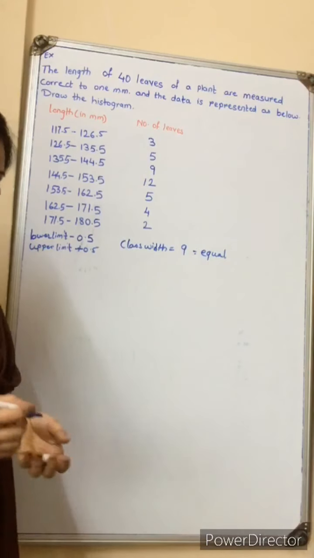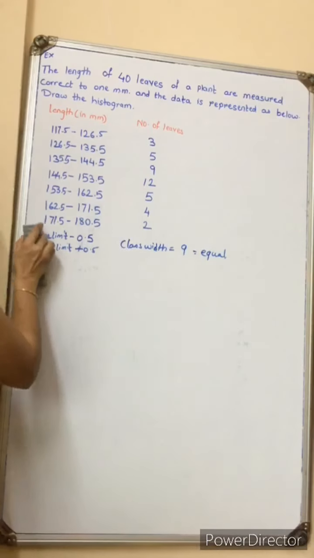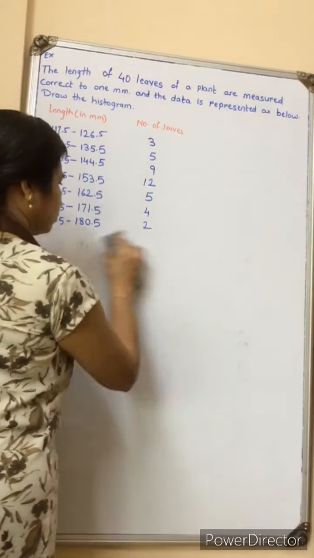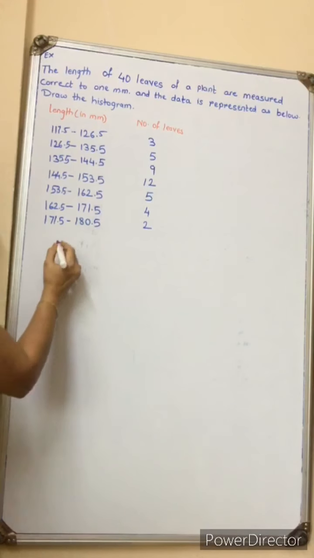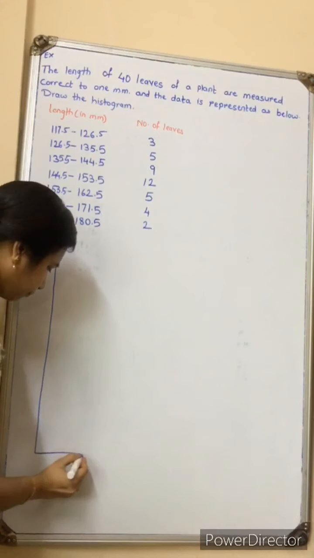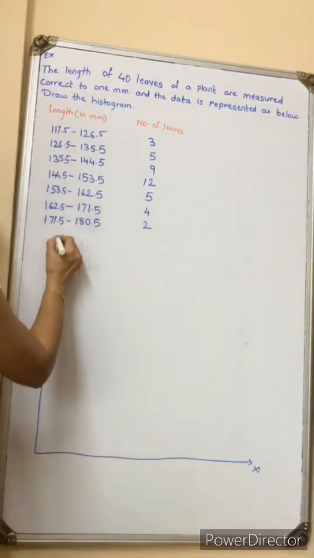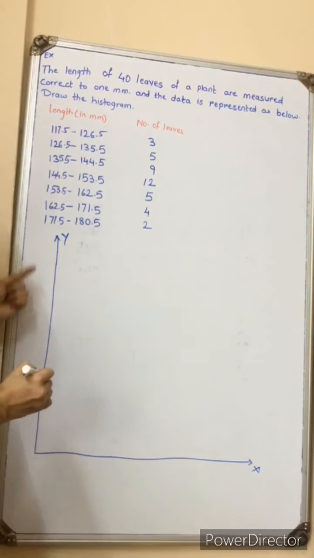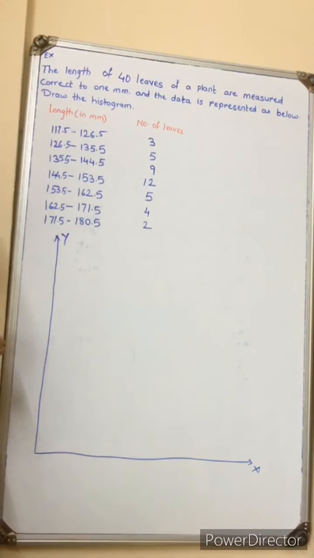To draw the histogram, first of all we take the x-axis and y-axis. On the y-axis we always have frequency, which is the number of leaves.